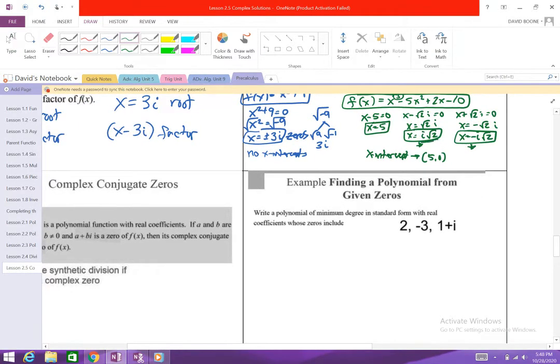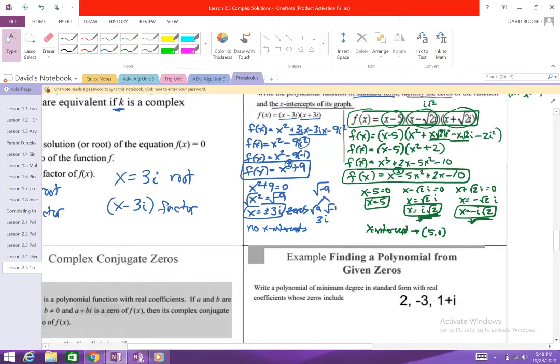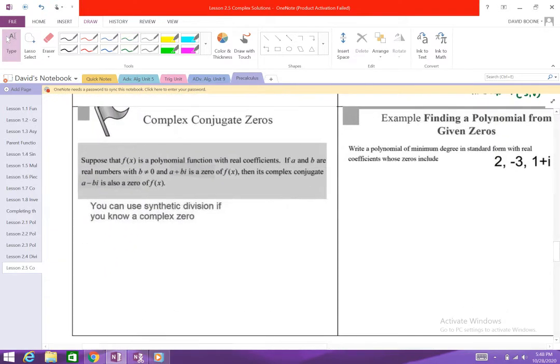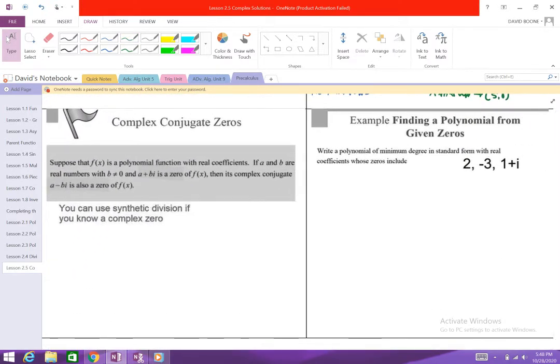Really what they're just saying here is that, and you might notice that up here, I got one answer here, and I got its opposite right there. So in other words, when I got back up here, you noticed that if I have one complex number, I'll have also its conjugate as a factor as well.